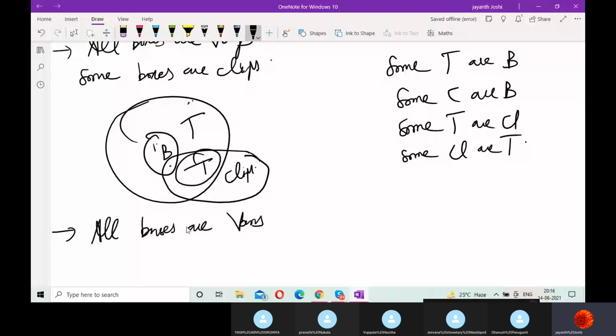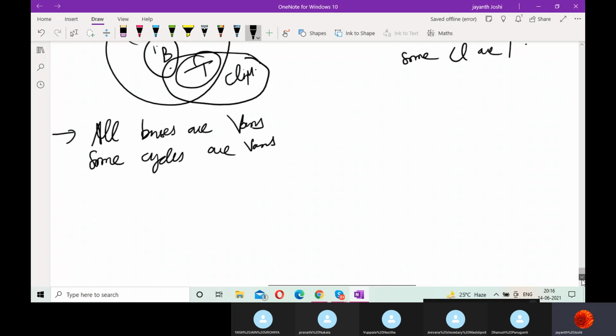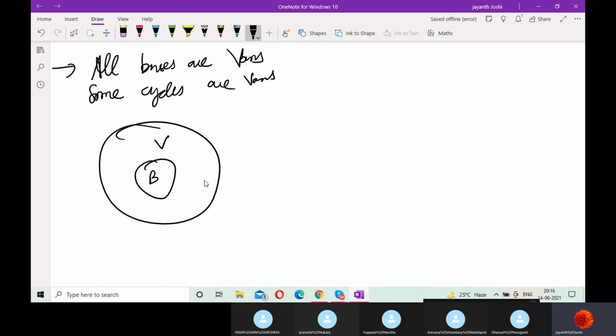All buses are vans. Some cycles are vans. So now all buses are vans, and some cycles are vans.